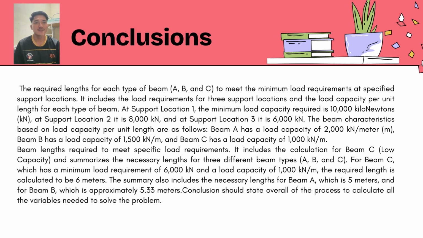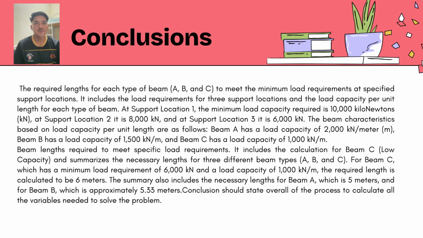The beam characteristics based on load capacity per unit length are as follows. Beam A has a load capacity of 2,000 kilonewtons, beam B has a load capacity of 1,500 kilonewtons, and beam C has a load capacity of 1,000 kilonewtons. Beam lengths required to meet specific load requirements. It includes the calculation for beam C load capacity and summarizes the necessary length for three different beam types A, B, and C. For beam C, which has a minimum load requirement of 6,000 kilonewtons and a load capacity of 1,000 kilonewtons, the required length is calculated to be 6 meters.